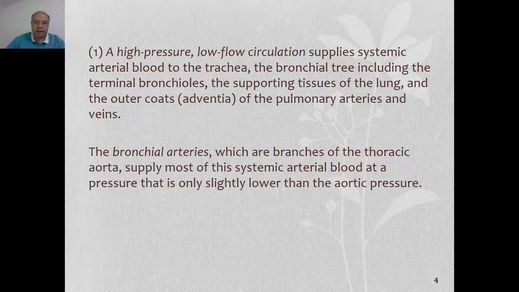The bronchial arteries, which are branches of the thoracic aorta, supply most of this systemic arterial blood at a pressure that is only slightly lower than the aortic pressure.